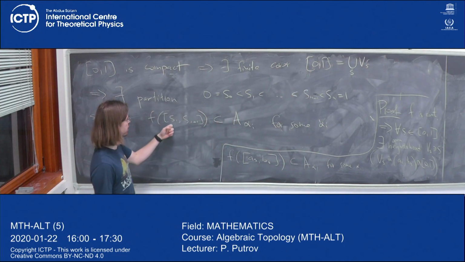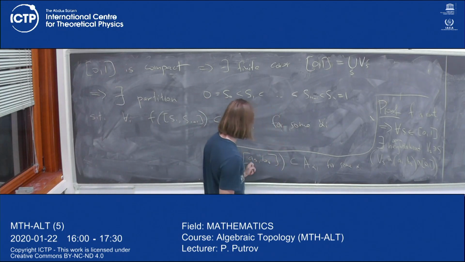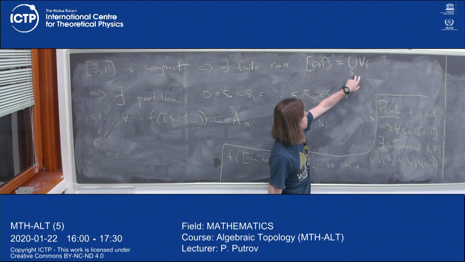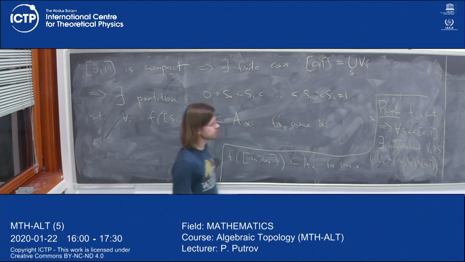I just take, for example, these partition points to be the union of all possible endpoints, a_s and b_s, which appear in this finite union.